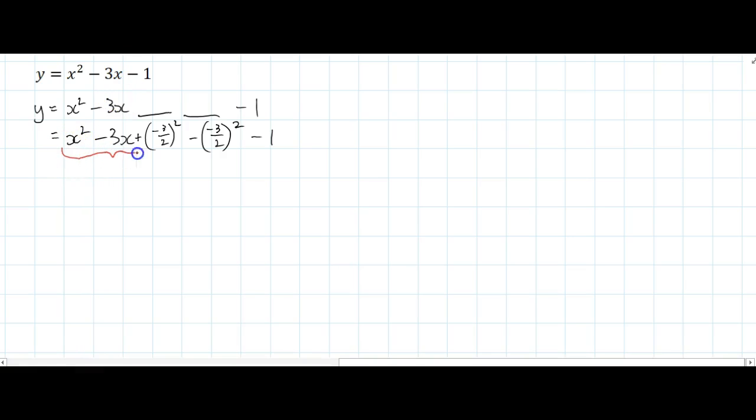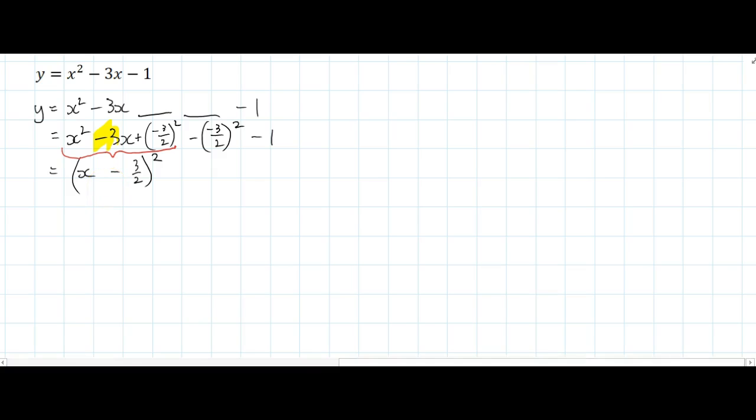This is our perfect square. If you remember correctly, it's going to be this number in here, so x minus 3 on 2, all squared. That's how that works, because the number here is either this divided by 2 or this square rooted, because that's how we made it.